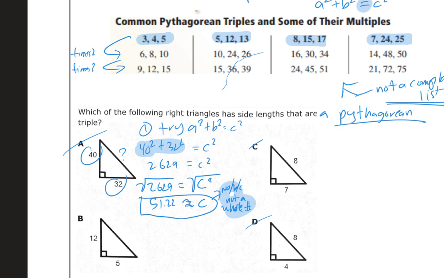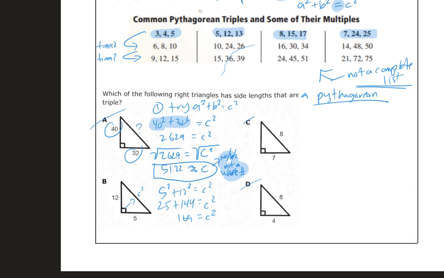And then if we did this one right here, we see it's a triple, but here's how we would check it. We would say 5 squared plus 12 squared equals c squared, right? That would be 25 plus 144 equals c squared. And that would be 169 equals c squared. Then the square root of c squared equals the square root of 169, which would equal 13 equals c.